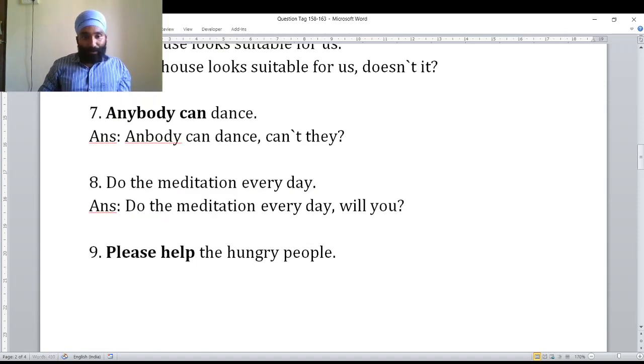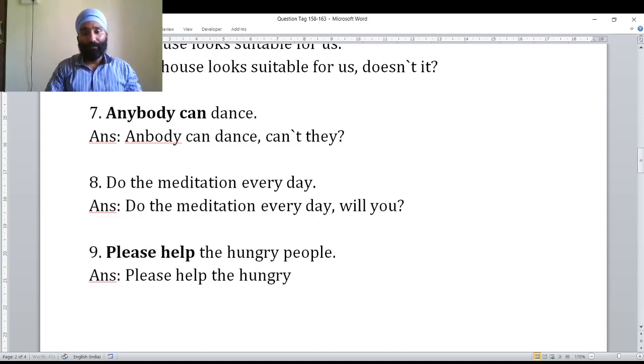Now the ninth example of imperative sentences is a request. Please help the hungry people. So the word please is used before the verb help. It is also an imperative sentence, but it is beginning with please. In this sentence also, please help the hungry people, comma.